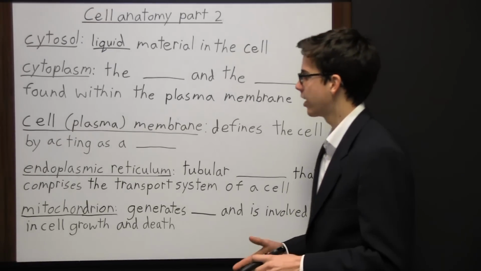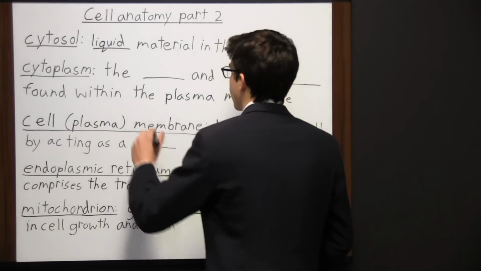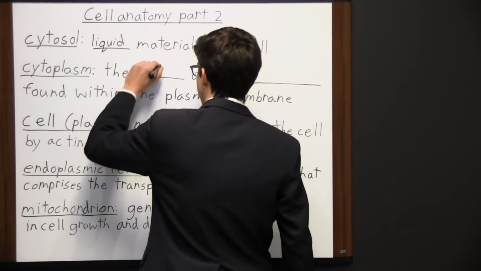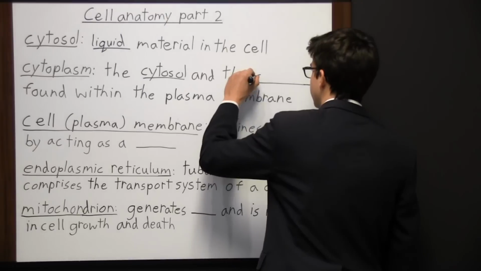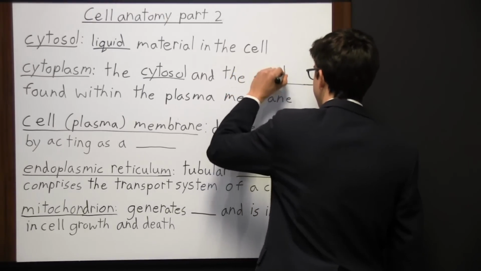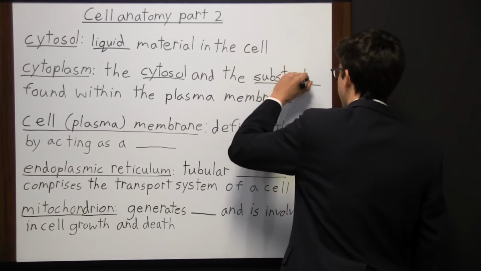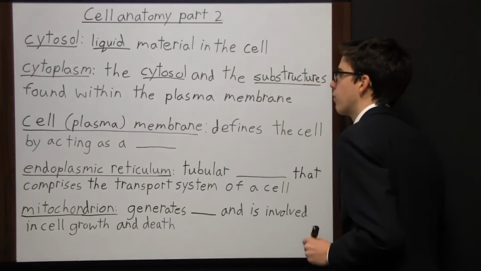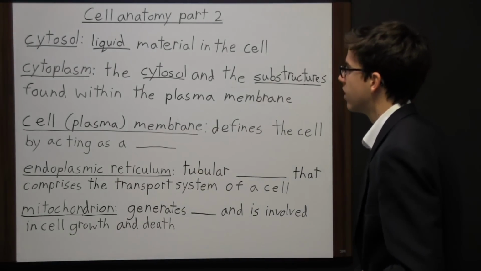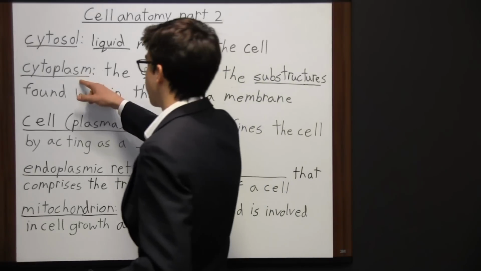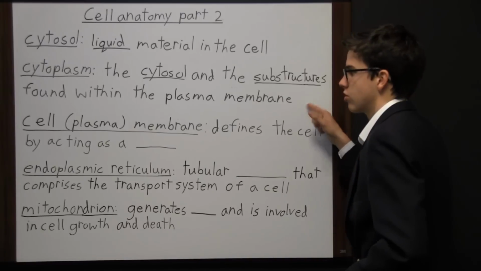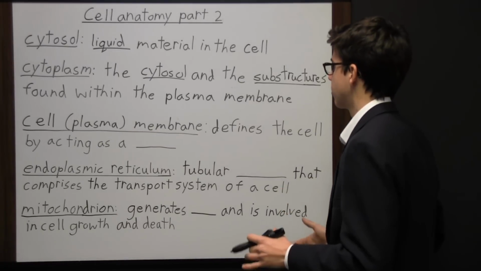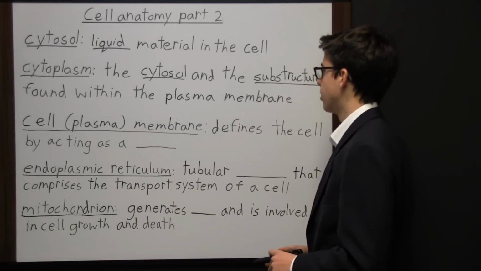And then we have cytoplasm, which is a term used to cover the cytosol and the substructures found within the plasma membrane. So the cytoplasm is a collective term for the cytosol, which is the liquid material in the cell, and the substructures, or we could say the organelles found within the plasma membrane.